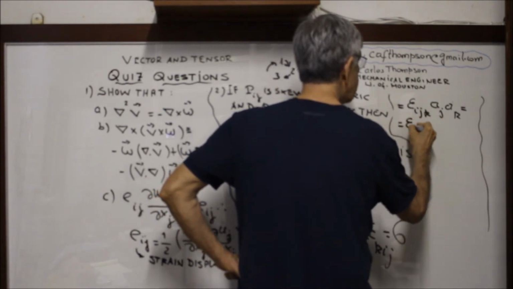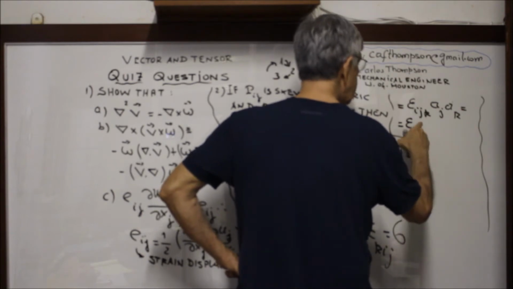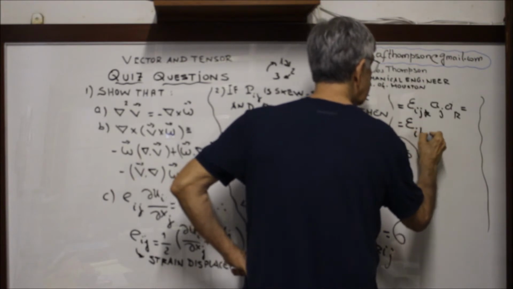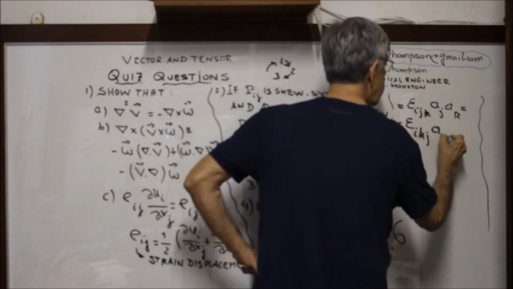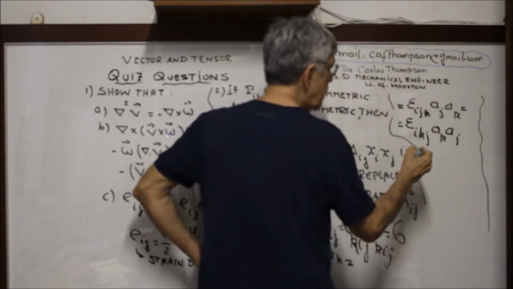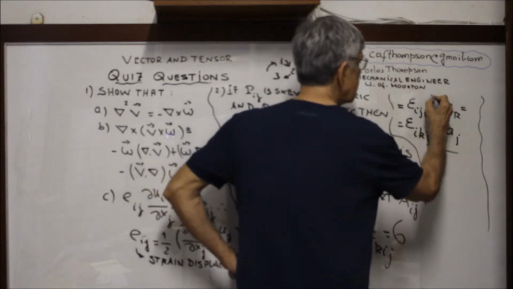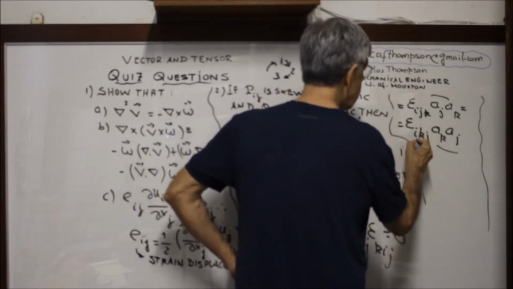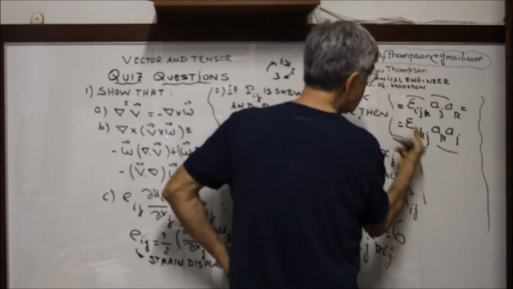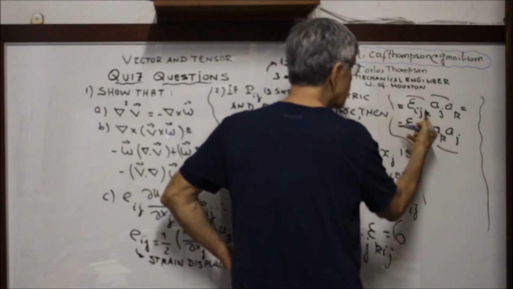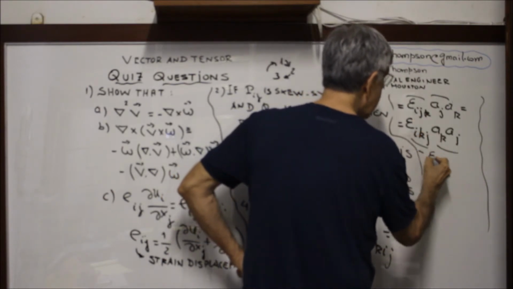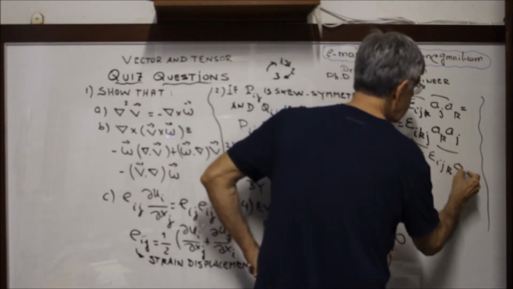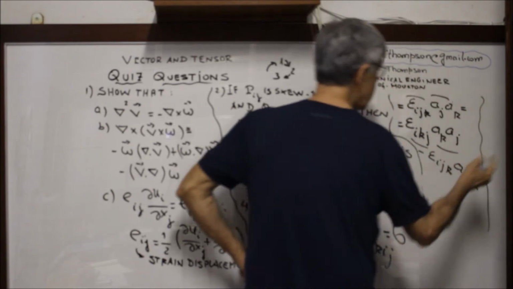So this is epsilon ikj, AkAj. Let's keep i the same. Now, this quantity over here is exactly the same as there, and this over here is minus this, because I moved just once. So this is minus epsilon ijk, AkAj, and AjAk is the same.